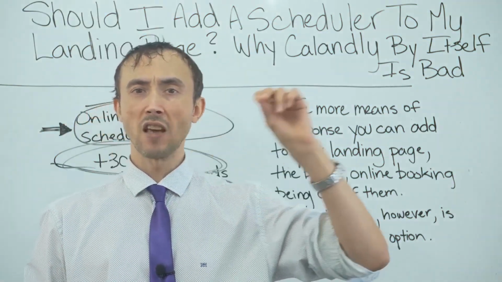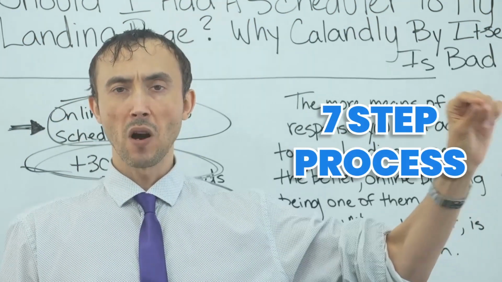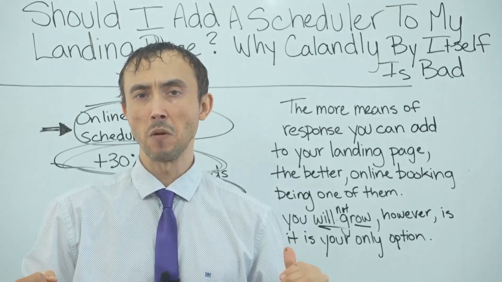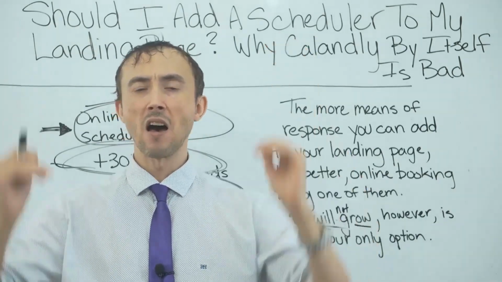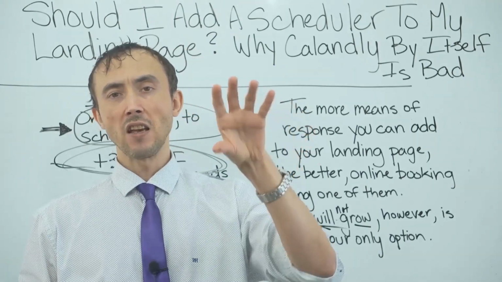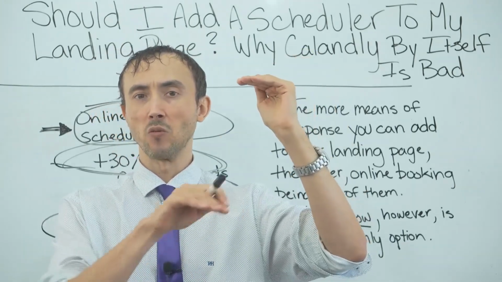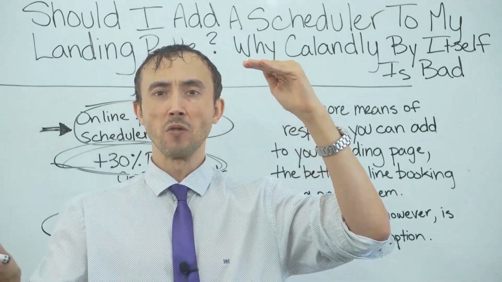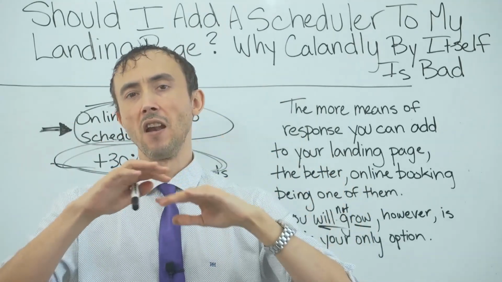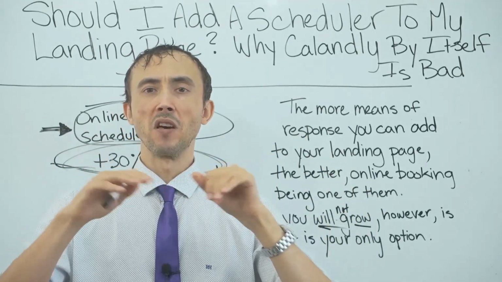In that case, we had a 7-step process. If you try to send them to a huge application, which I see a lot of people trying to do, they're not going to fill it out at a very high rate because it's too daunting. But in this case, we had a series of 7 steps. It says step 1 of 7, what is the address of the place you want to go to? And the address was an auto-populate field.